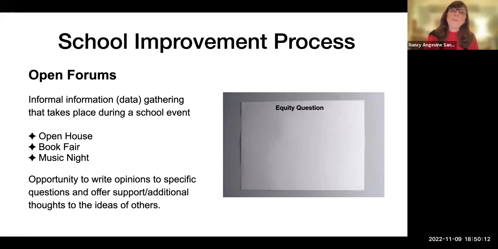That could be a school council member. The school council member would have to be trained and would have to understand what you were looking for, what the question meant, why it was important, but just to provide guidance to the families.